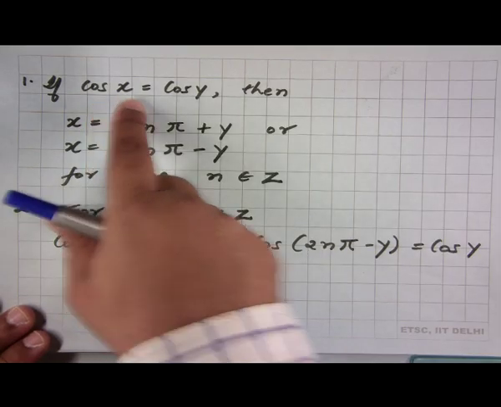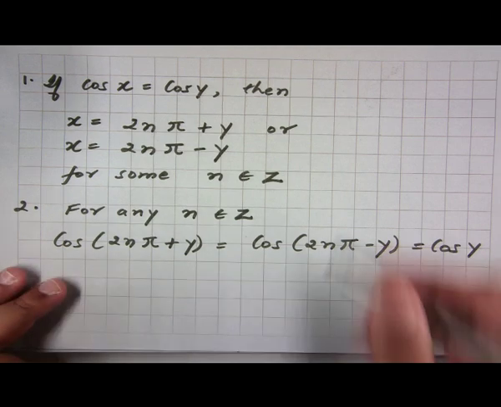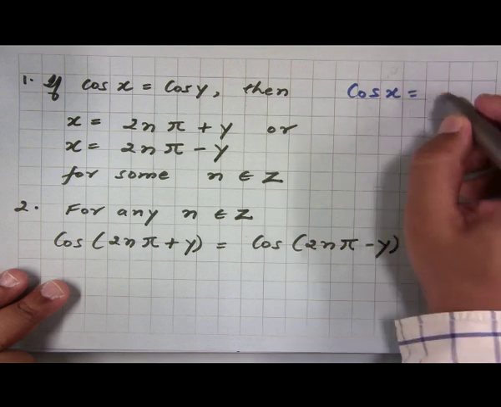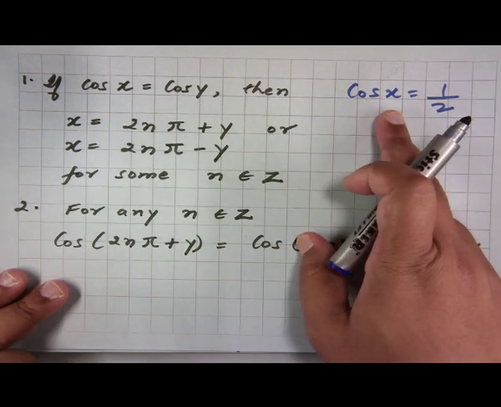If cos x equal to cos y, so we are trying to solve trigonometric equations of the form, let us say if we are given that cos x equals half and we are interested in finding all the solutions to cos x equal to half.